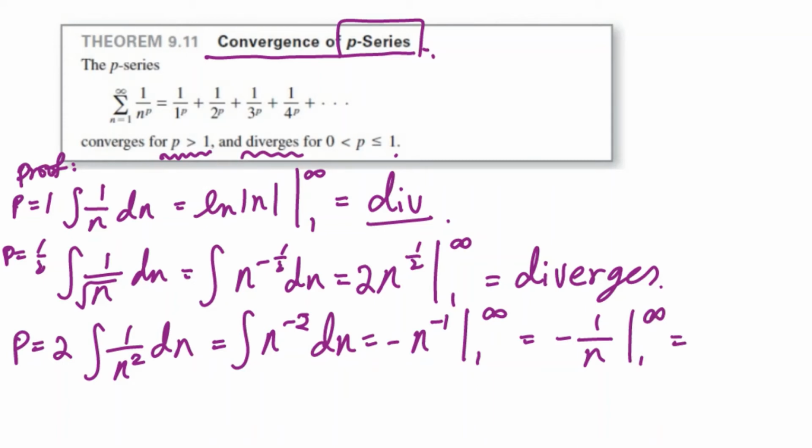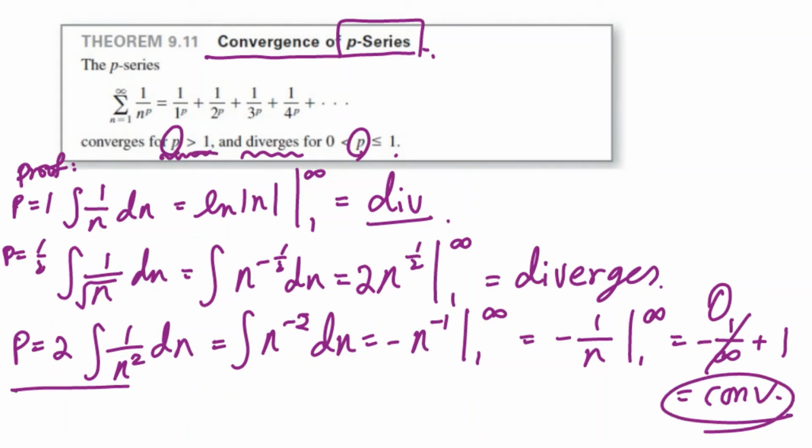In this case, I have negative 1 over infinity plus 1, so that's 1, so it converges. So when p is greater than 1, it converges in this way.